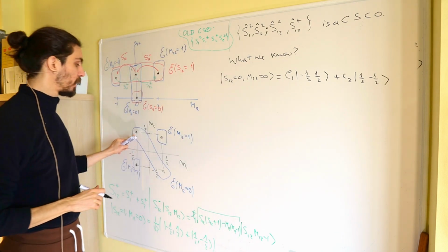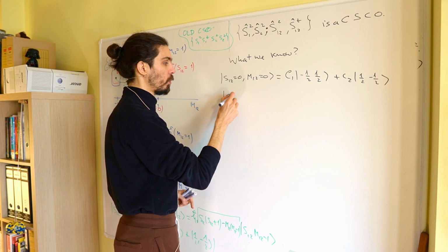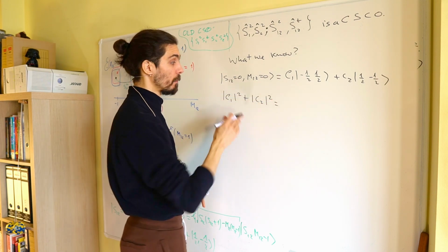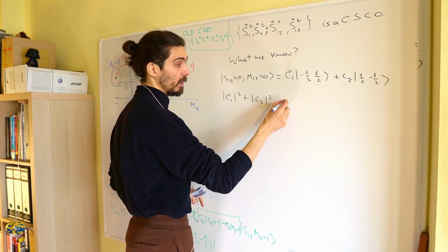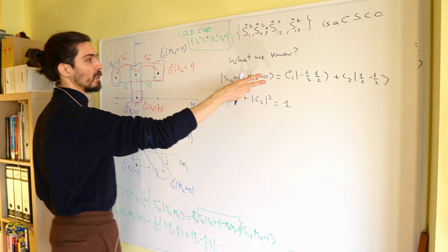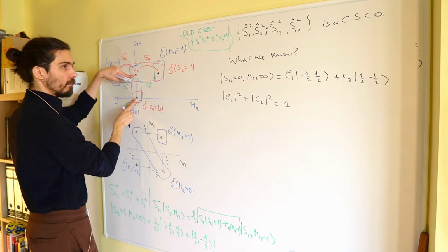Fine. This is what we know. More. It is normalized. So C1 squared plus C2 squared cannot be anything that we like. Well, it must be something that is equal to 1 when squared like that. Moreover, we also know that this state here must be orthogonal to that one.